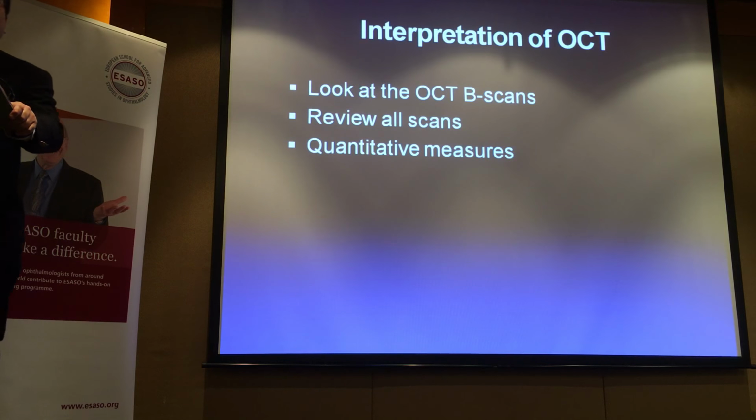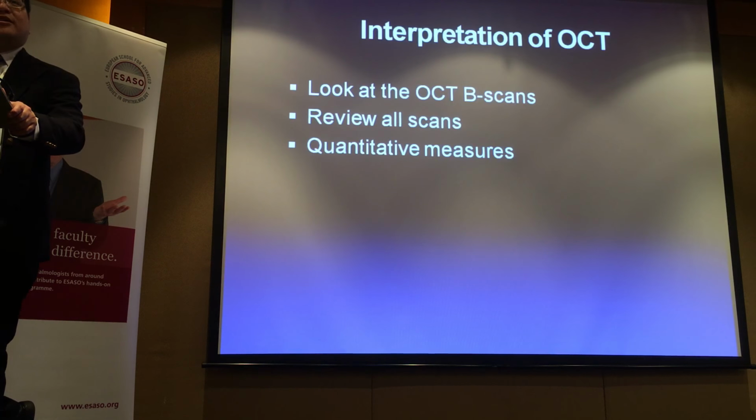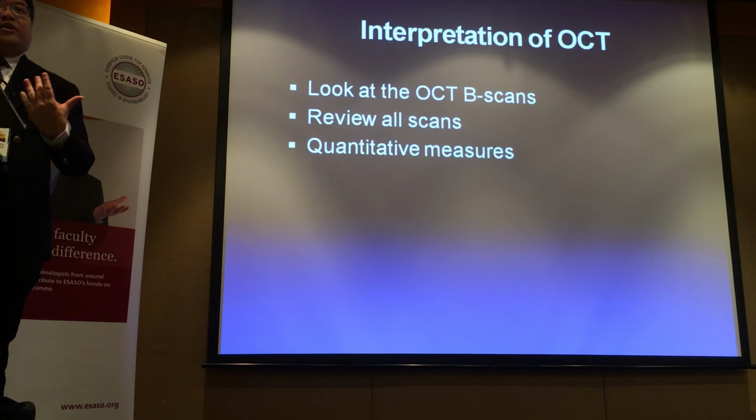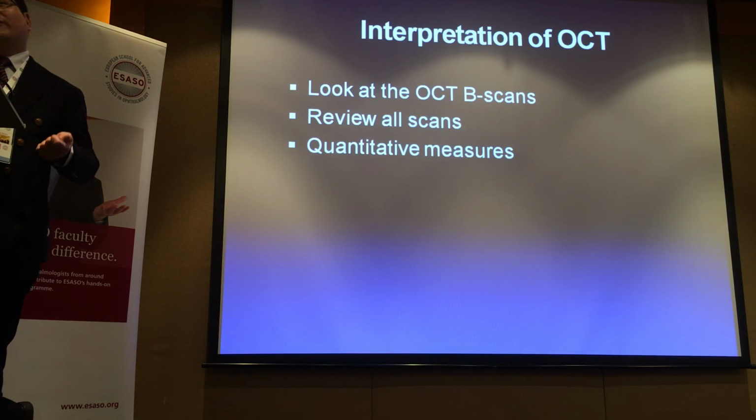Okay, so when you interpret an OCT, my recommendation is we have to do it systematically. Of course, all of us experienced clinicians, after a while, we do it almost instinctively and subconsciously. We don't exactly have to remember step 1, step 2, just like when we do a cataract surgery or even when we examine a patient, I don't have to remind myself, look at the cornea.